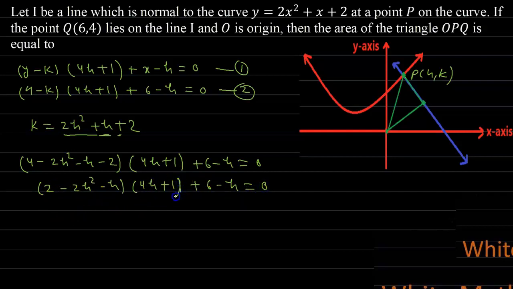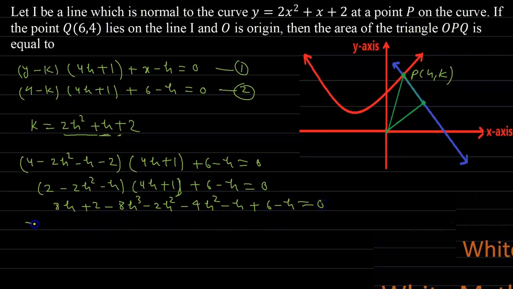Then we will get 8h + 2 - 8h³ - 2h² - 4h² - h + 6 - h = 0.